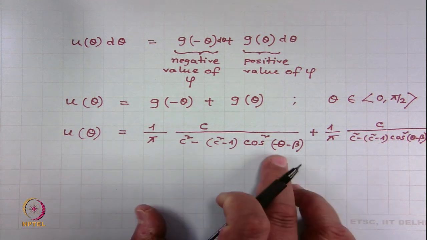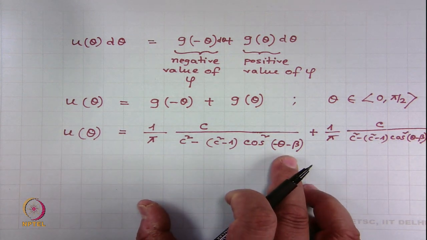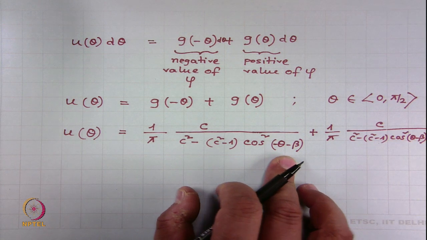Cos square of minus theta minus beta is equal to cos square of theta plus beta.